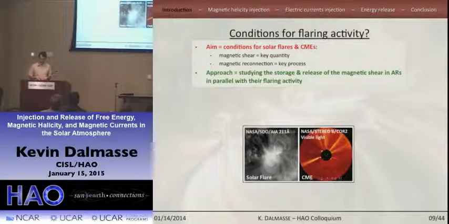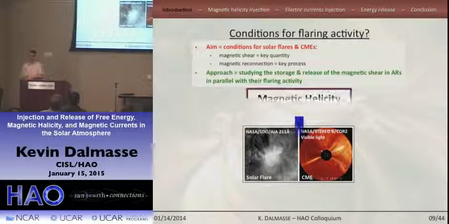So as I said, the aim of my thesis was to study the conditions for solar flares and coronal mass ejections. To do that, I focused on studying the storage and release of magnetic shear in active regions in parallel with their flaring activity.